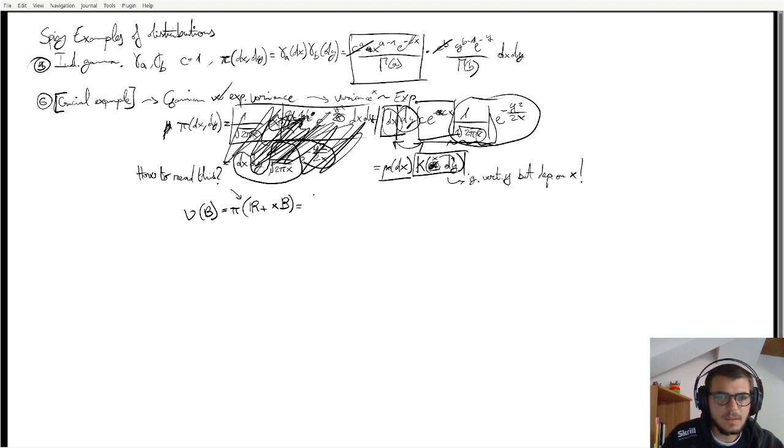This, by definition, is the integral from 0 to infinity, since we have the exponential, or from minus infinity to infinity. Note, this is basically the same as the integral from 0 to infinity.